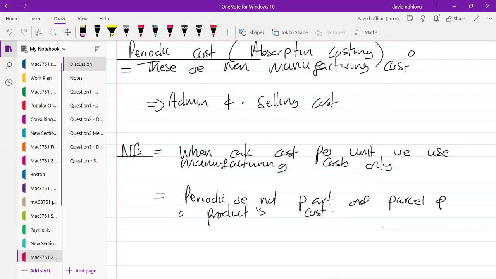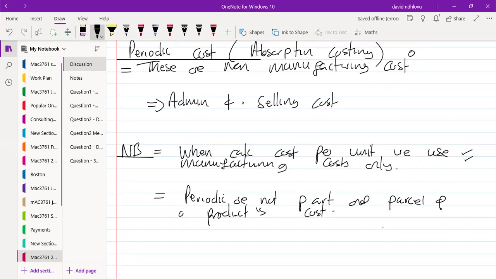So it simply means when you calculate the value of inventory, opening inventory, closing inventory, you only include manufacturing costs. When you are in your income statement where you calculate cost of sales, you normally say opening inventory plus purchases. But for a manufacturing company, you don't purchase, you manufacture. So you say opening inventory plus manufacturing costs. So you only include manufacturing costs, which are the costs incurred in production.